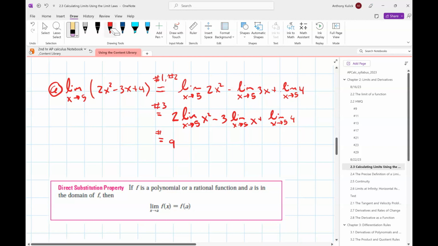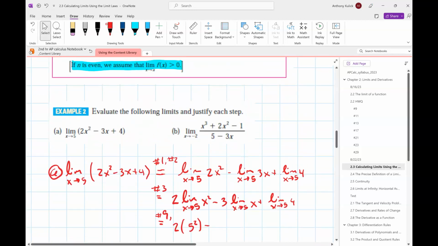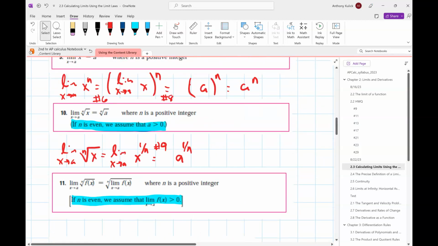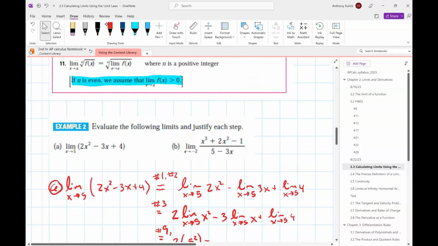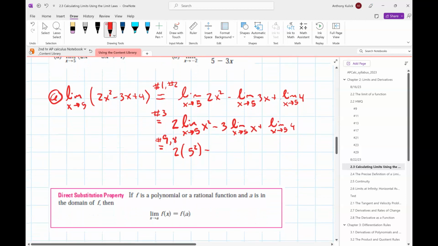So I have 2 times, and then I'd have 5 squared. Let's just do them all here. We did property 9 to do that. And then I'm going to do property 8, and then property 7. So I use property 8 to say this, and then property 7 to say that, and then it's just crunching some numbers and we're done.